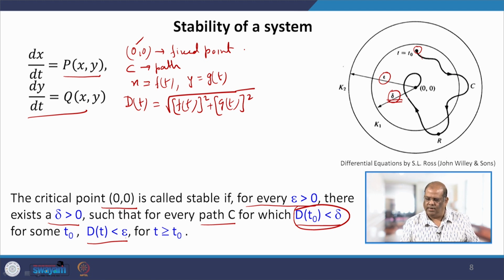So, what it says is that if your system is stable, then this path C must lie within this radius epsilon. So, if you can find such an epsilon and delta for which this will hold, then you say your system is stable. Let me rephrase that again.